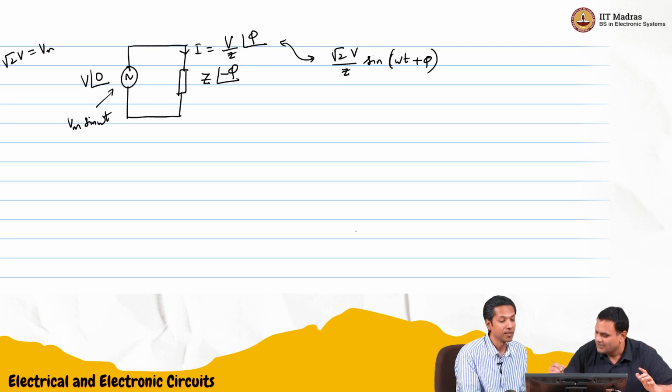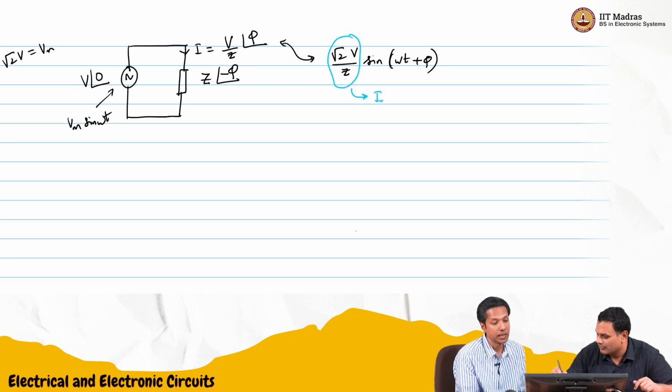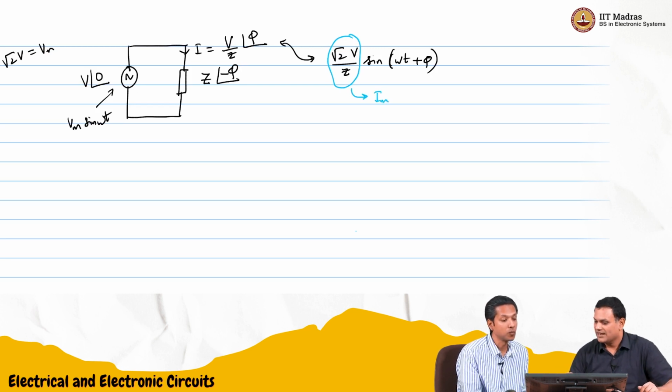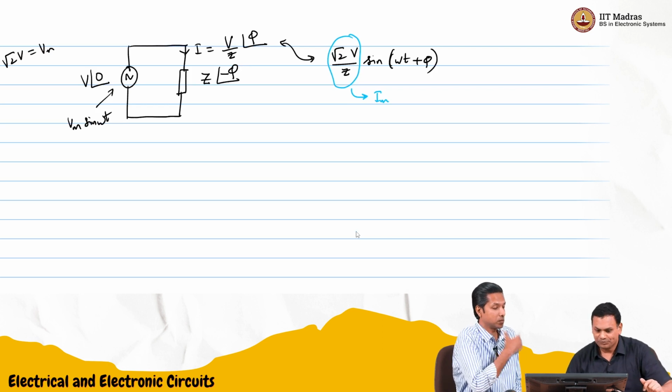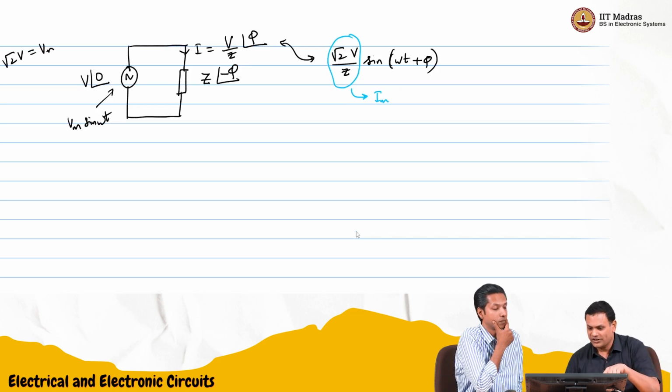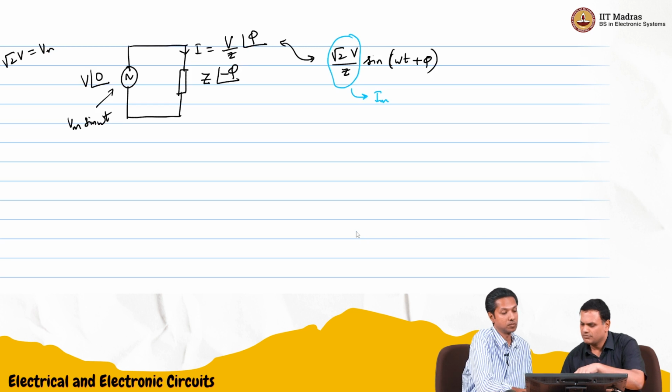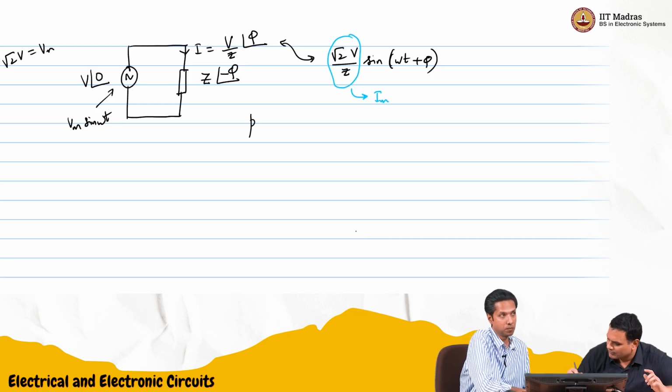Great. Now the reason I wrote that was, this is Im, that root 2 V by Z. I think we have everything in place. So we have the voltage and current, and now we can write P of t, the instantaneous power.